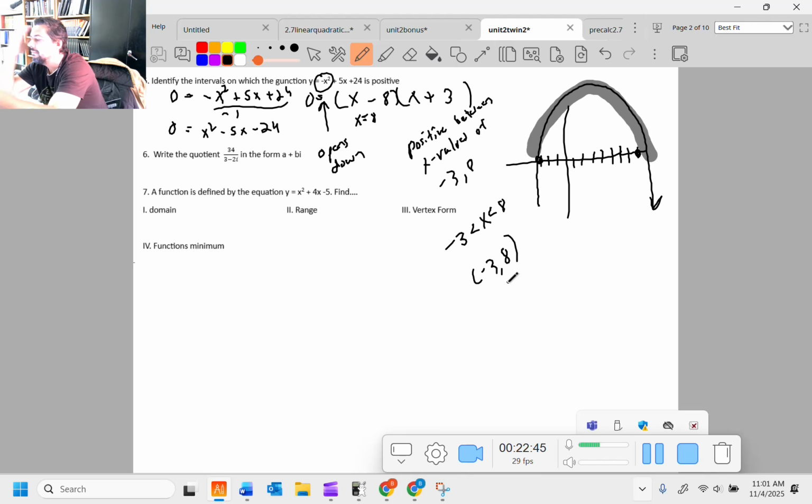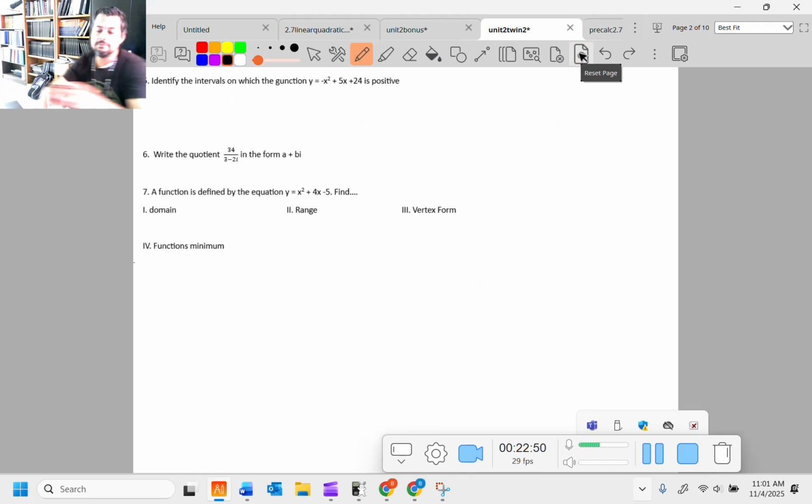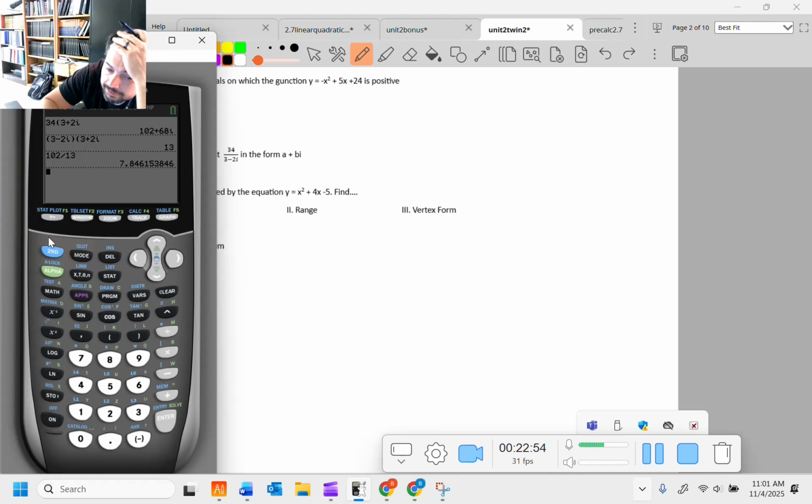Now, again, let's go over using a TI-84, which for some of you it might be easier to do. For me, it's quicker to just do the thing by hand. So I'm going to y equals, I'm typing in negative x squared plus 5x plus 24.